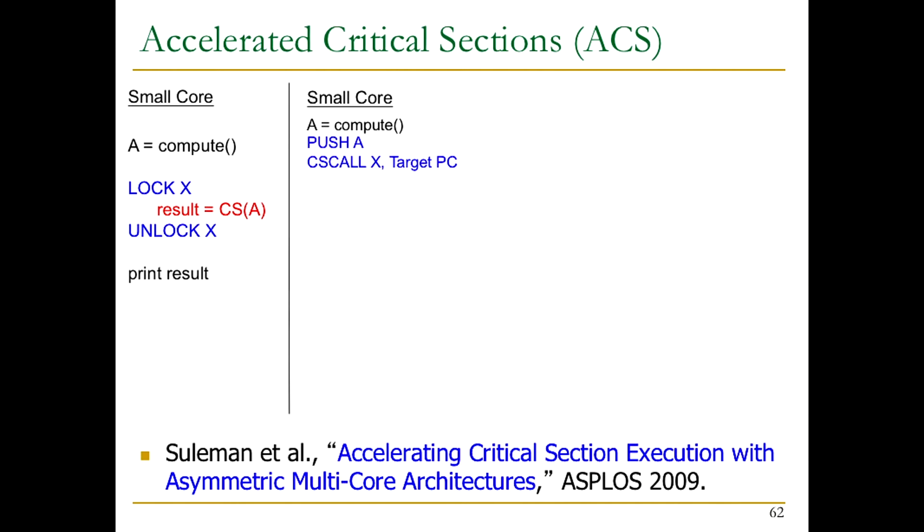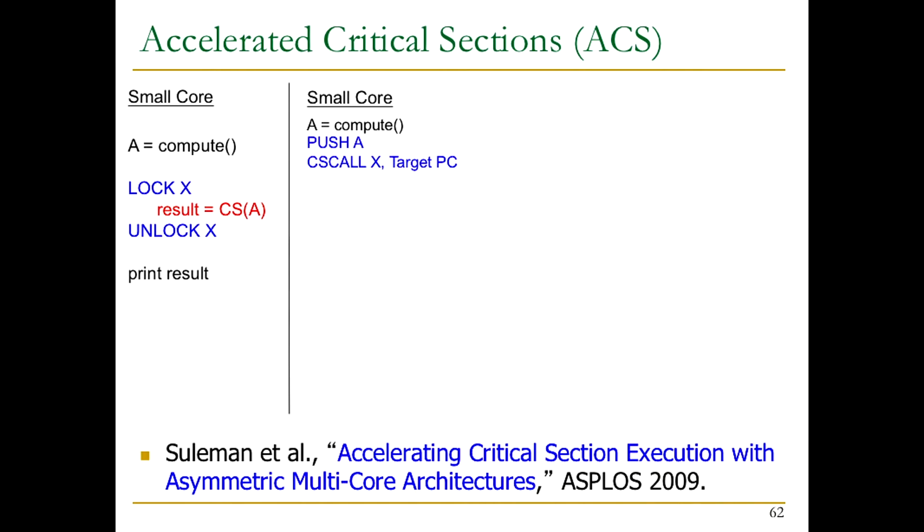needs to communicate the inputs to the critical section. So there's some data that needs to go into the critical section that's generated by this thread over here, right? So that needs to be sent to the large core. So there is some communication overhead now. These input parameters need to be sent, and we're going to use stack-based communication over here.